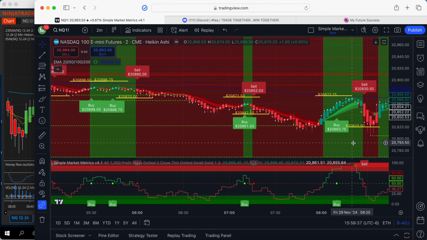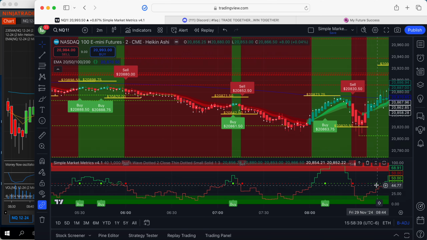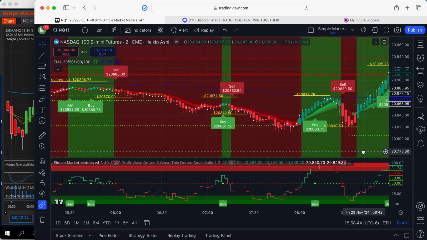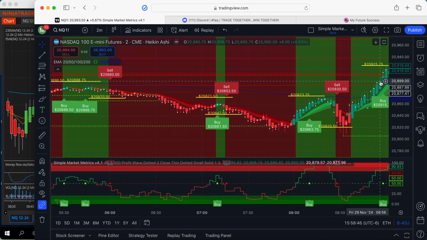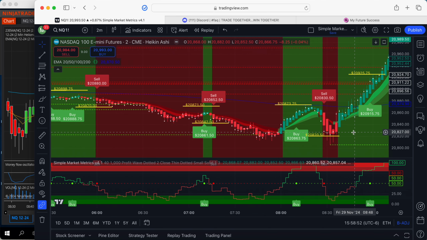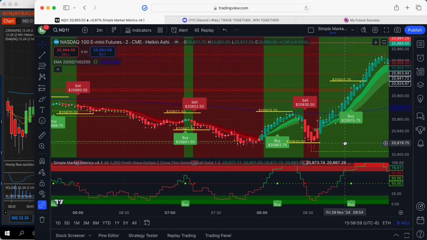Profit wave is green. We're waiting for this money flow to come back into the green area. Then you start to see it creeping, creeping, creeping. So any time over here, you can expect a potential signal. Since the chop filter is on, you're going to get fewer signals. Sometimes it can get frustrating because you don't get any for the time frame that you're trading.